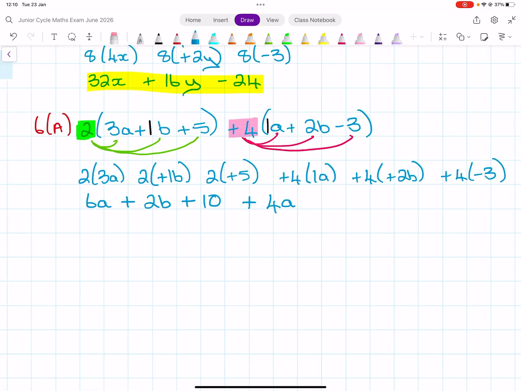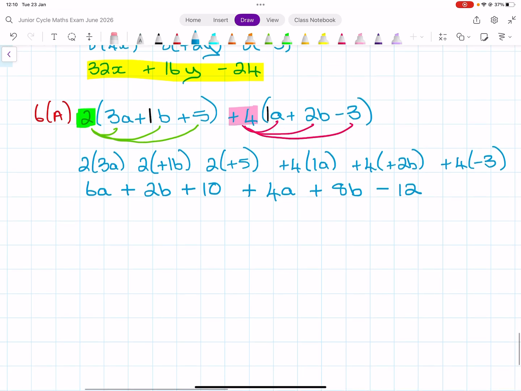The next one, both pluses, so same signs, gives me a plus. 4 by 2 is 8, and the letter is a b. And then I'm over here. So in that last one, the signs are different, which means I get a minus. 4 by 3 is 12, and then I don't have a letter. So that's that.